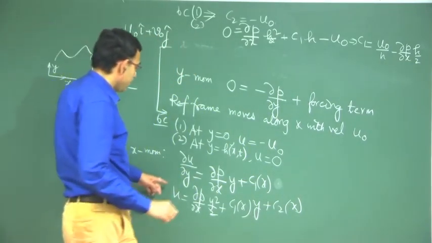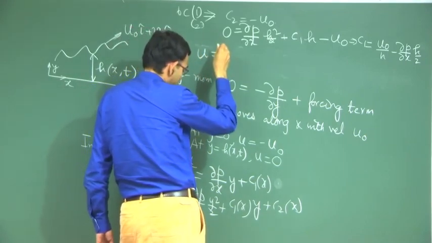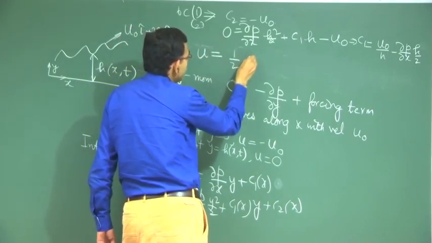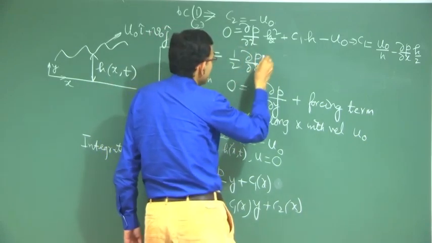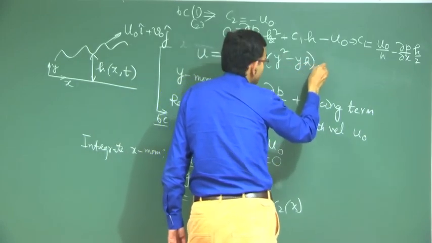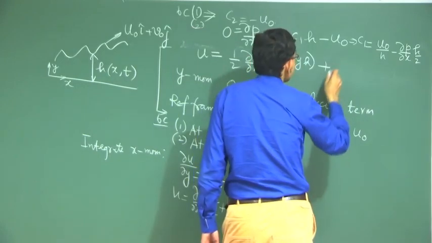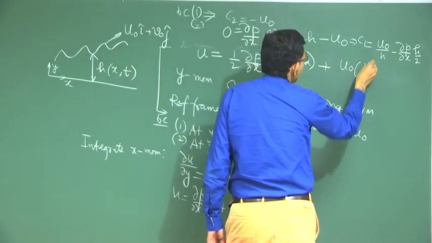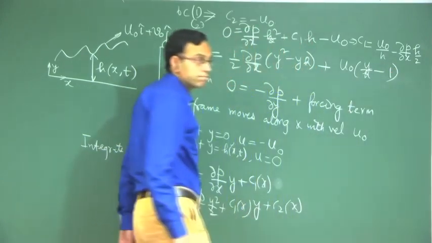So, the velocity profile becomes u is equal to 1 by 2 into the pressure gradient into y square minus yh, plus u0 into y by h minus 1, right.